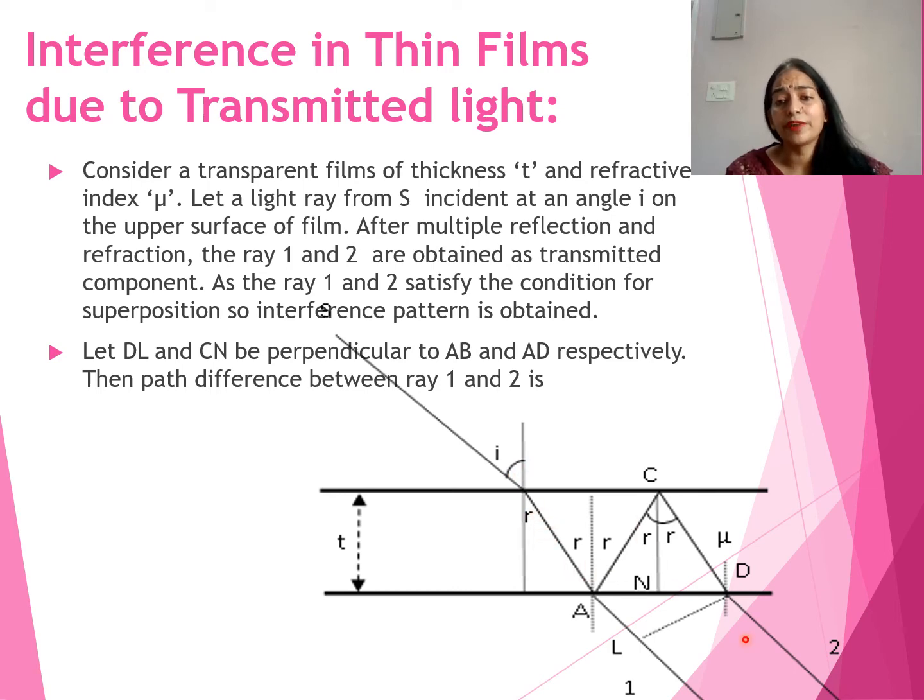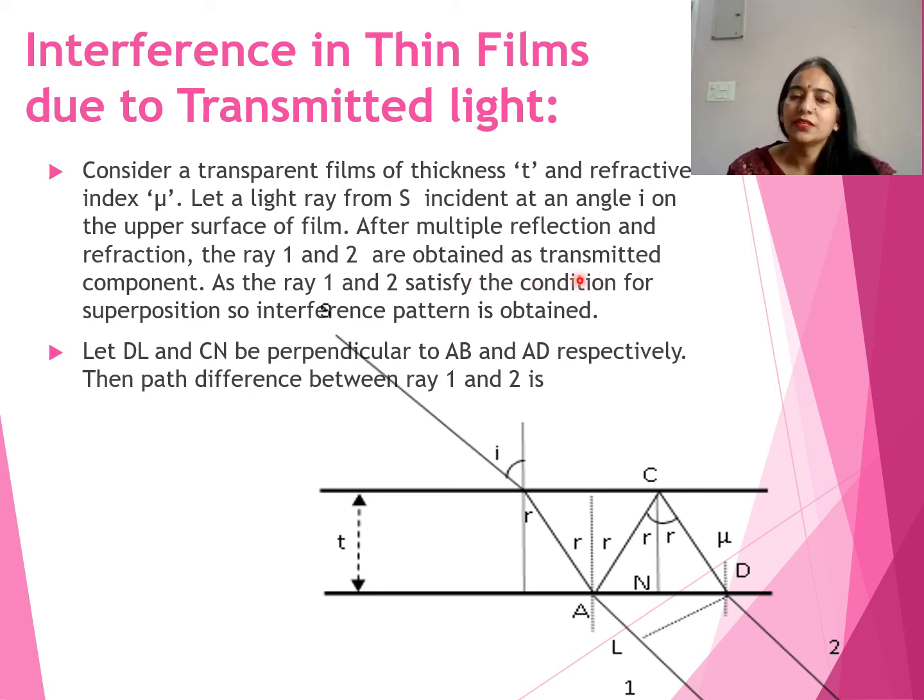After multiple refractions, we get ray 1 and ray 2, and ray 1 and ray 2 satisfy the condition for superposition. This is also similar to the previous derivation. The only difference is that after multiple reflection and refraction, rays 1 and 2 are obtained as transmitted components.